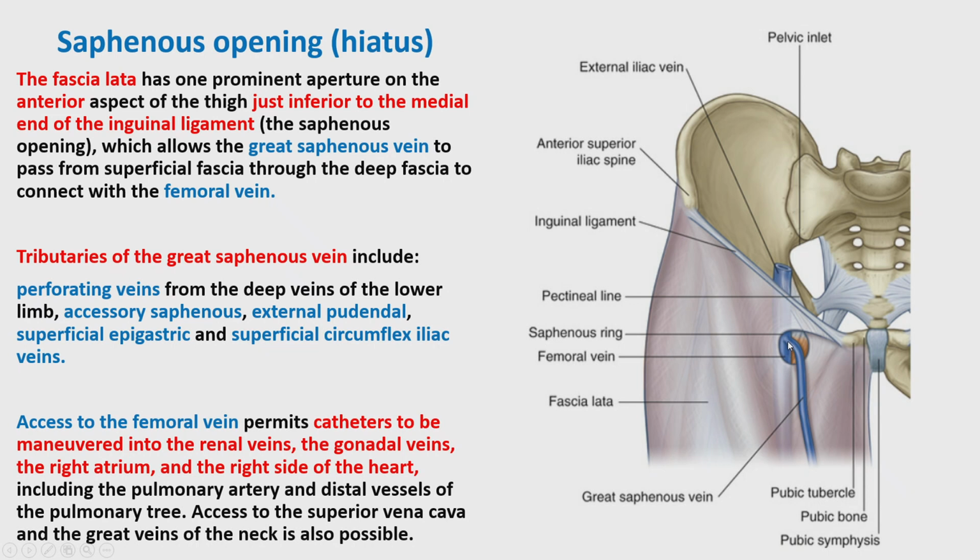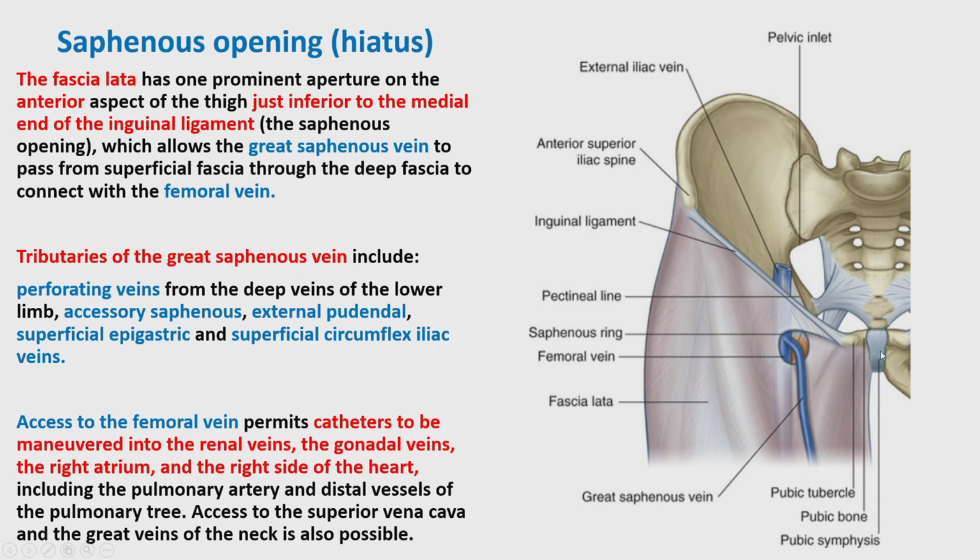So it perforates the fascia lata and drains into the deep vein, the femoral vein. In this region, when draining to the femoral vein, the great saphenous vein receives other veins, some of which you already know. One of them is the perforating veins, connecting to the deep vein. The other is the accessory saphenous vein, which you will see in the dissection.